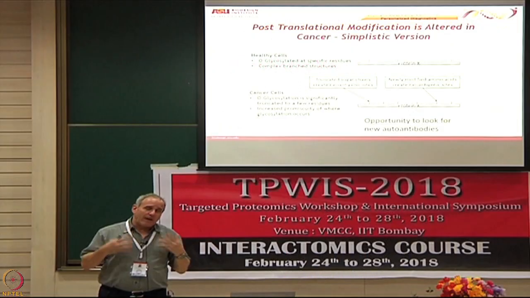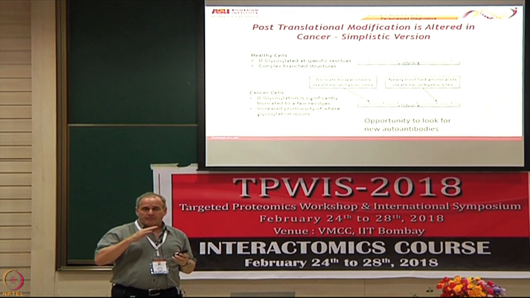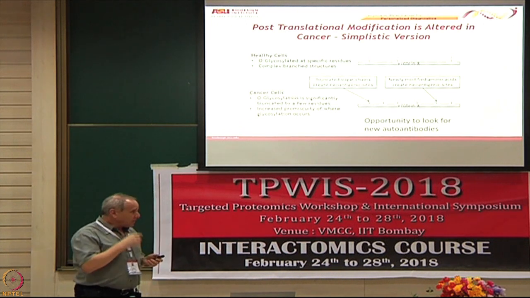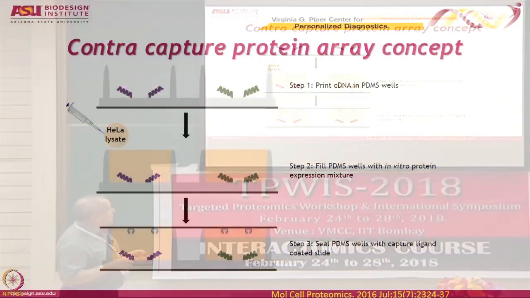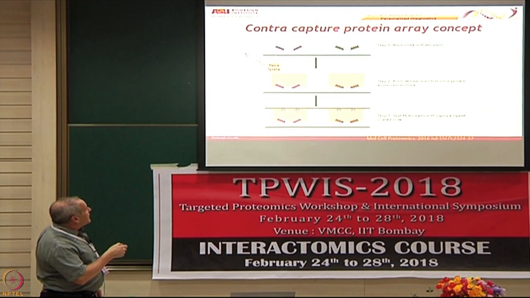So to get our platform to work well with looking at post-translational modification, we had to clean up the platform a little bit. Consequently, we developed this method here, which is called Contra capture. What we do is, instead of printing our DNA on a glass slide, like the way you're doing it, we print our DNA in these soft wells of a PDMS membrane.